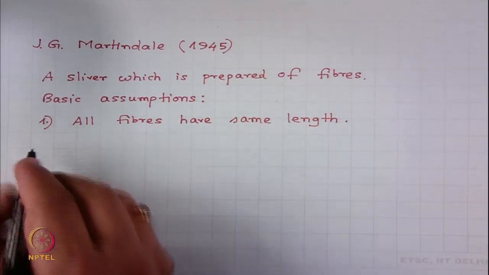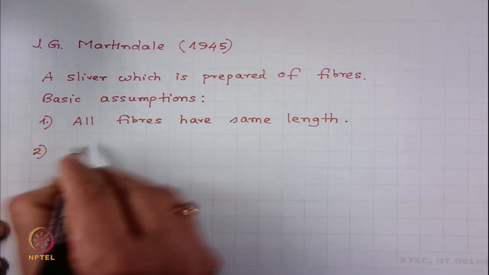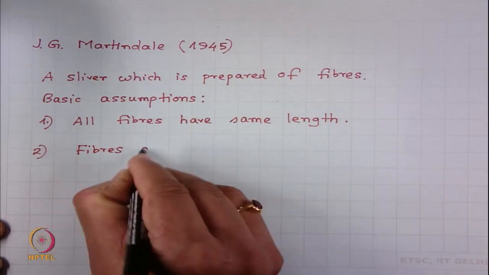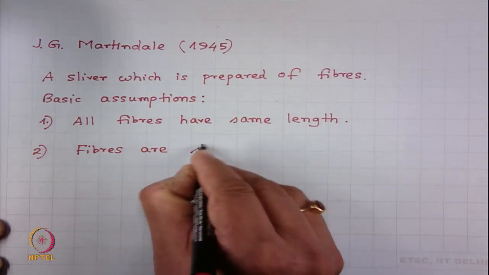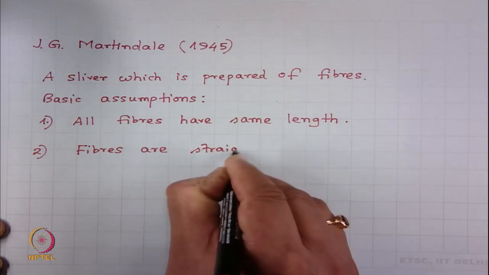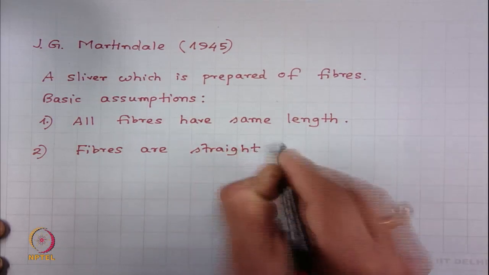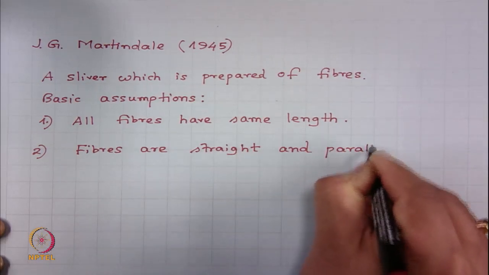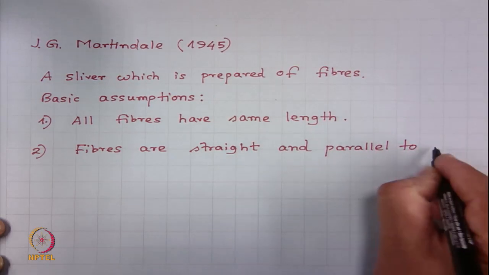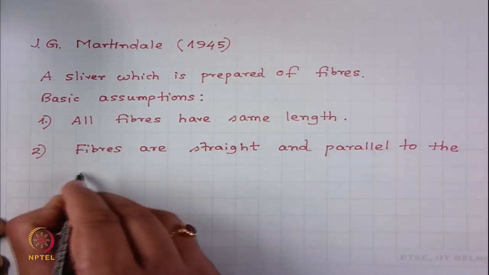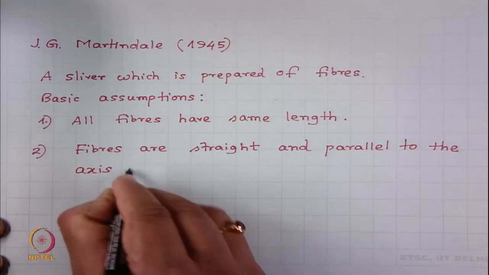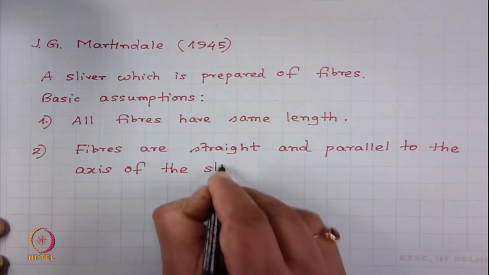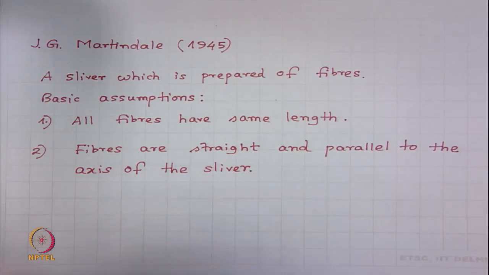Second assumption, fibers are straight and parallel to the axis of the sliver.